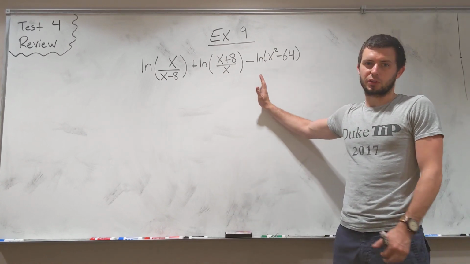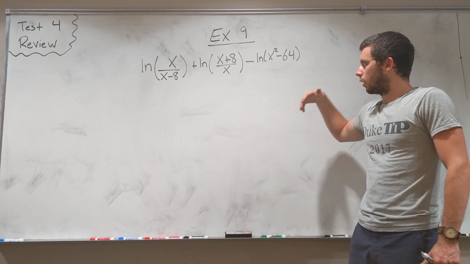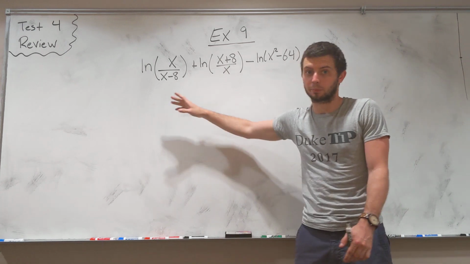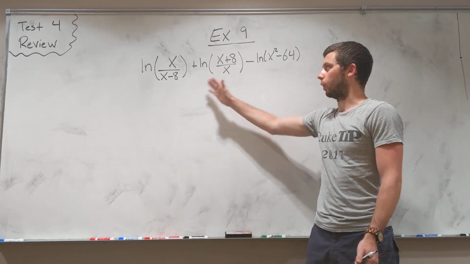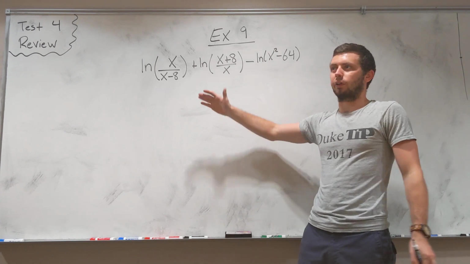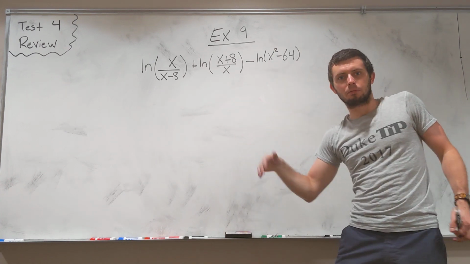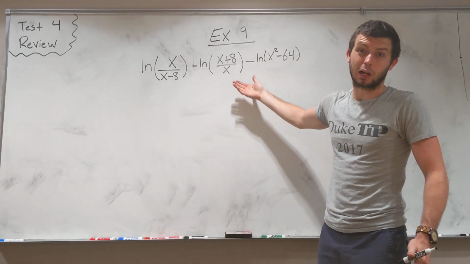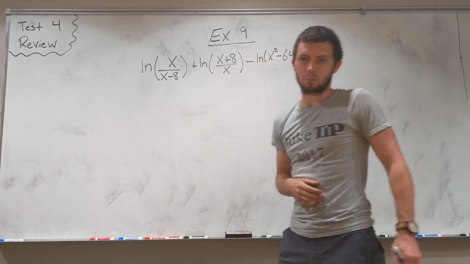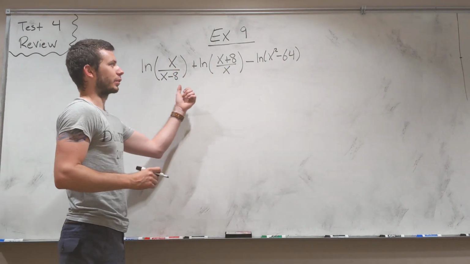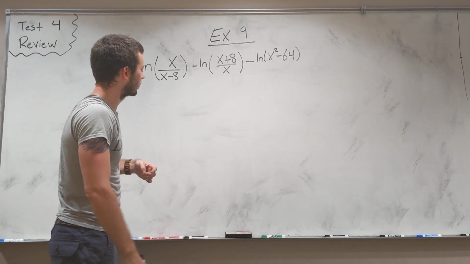And again, as I mentioned in the beginning of this video, I would suggest you look back at the homework and see other types of problems that involve taking a bunch of logarithms and simplifying them down to one, or looking in the practice test and finding problems of this sort. I don't think there's too much variety in the practice test, so try to utilize the notes of the homework questions.